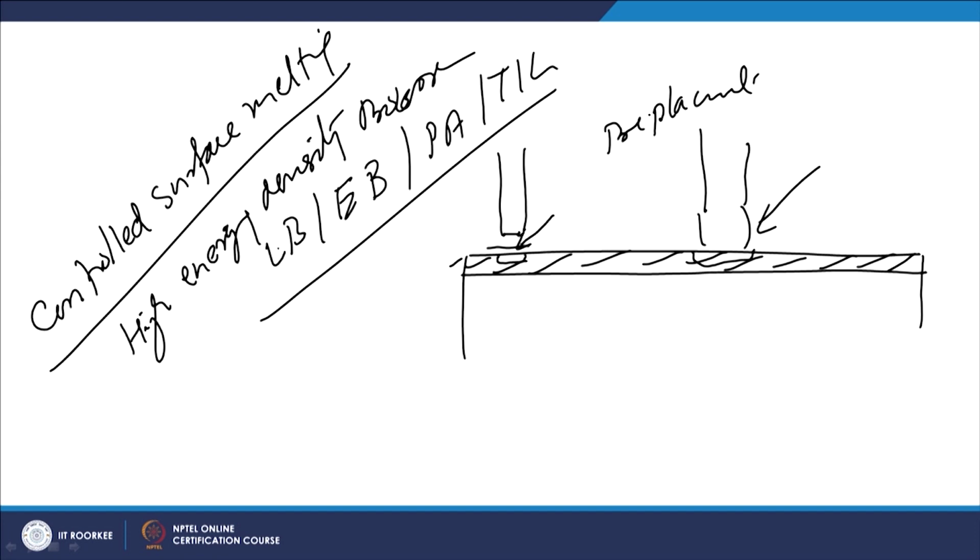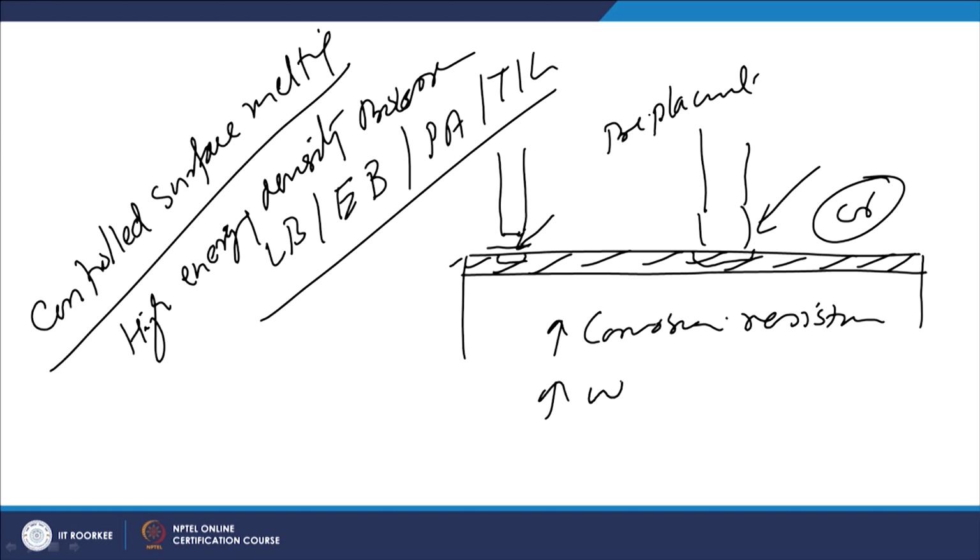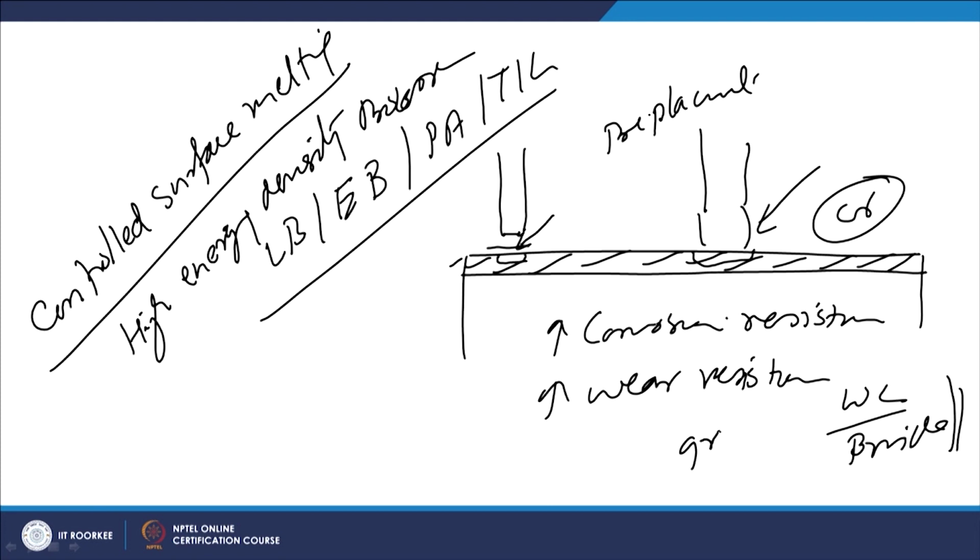This kind of approach is used for increasing the corrosion resistance by modifying the composition of a steel surface by adding, like, chromium, or it can also be used to increase the wear resistance by adding hard constituents like tungsten carbides and other borides which are hard and brittle, or it can also be used to enhance the wear resistance by introducing graphite at the surface.